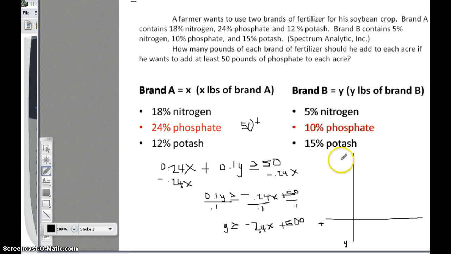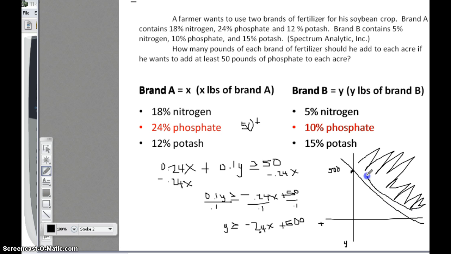And then we have our line coming down through here, and it is a solid line because of the equal to aspect. We know that this intersection point right here was up at 500. Our shading is out in this area, so all of this is shaded.